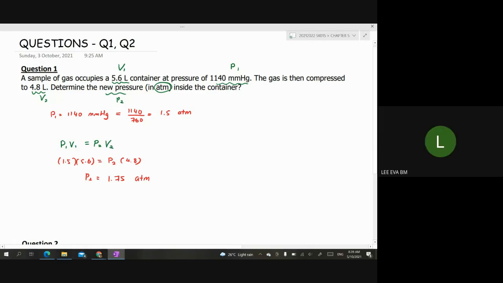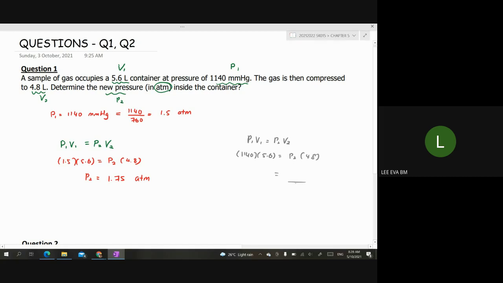Madam, if we don't convert the unit first, can? Okay, if you don't want to convert the unit first, you will do it like this. If you don't want to change first before you do the calculation, can, no problem. You put 1140, 5.6, then you get the new pressure with 4.8.